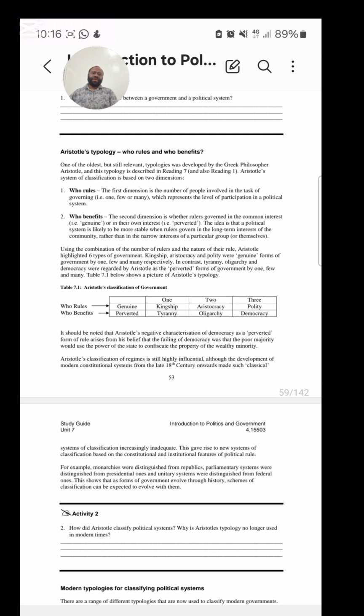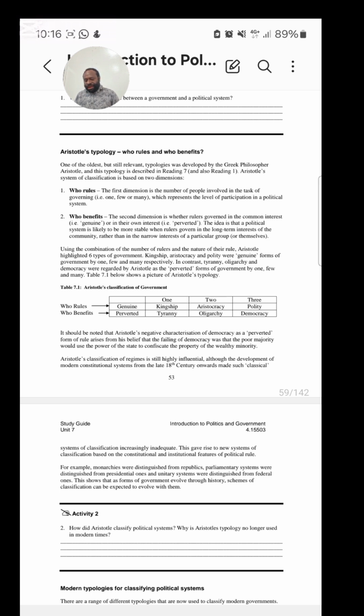An aristocracy is commonly associated with kings and queens or the monarchy system. That was during the 15th to early 19th century.